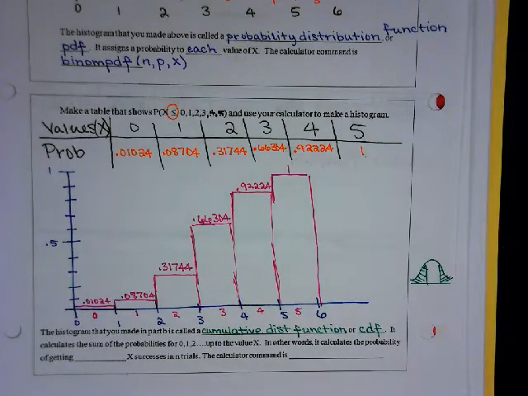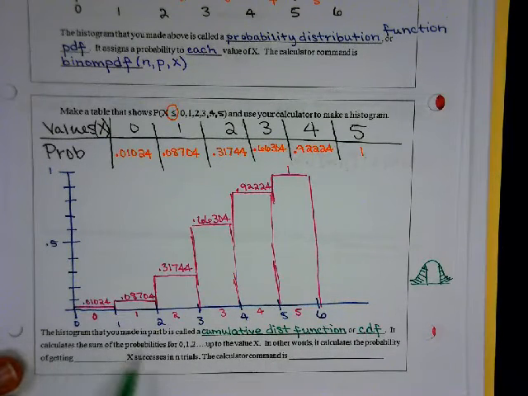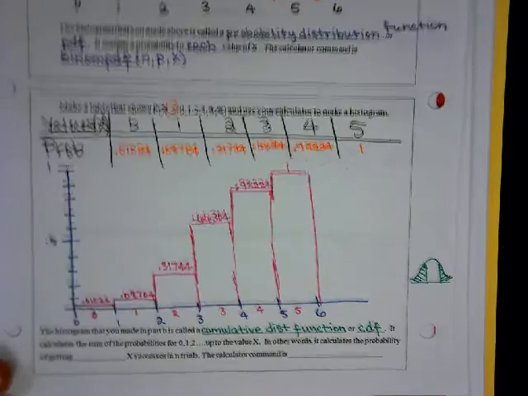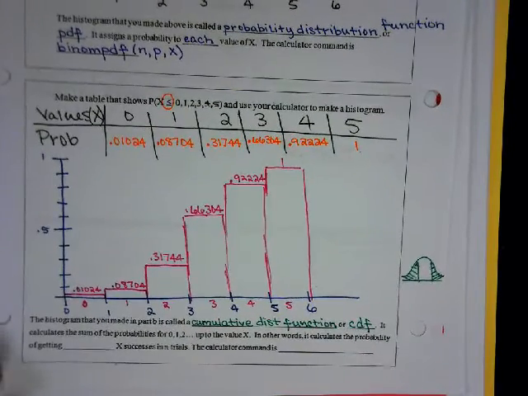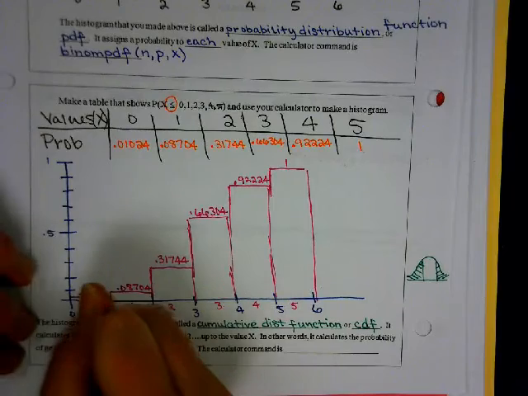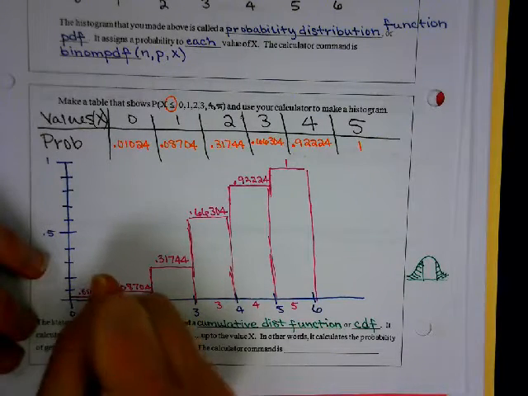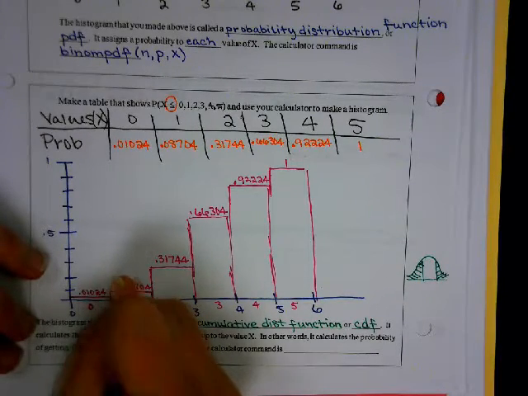So here, this CDF calculated the sum of the probabilities up to our highest x value, which for us was 5. So in other words, it calculates the probability of getting at most x successes in n trials.